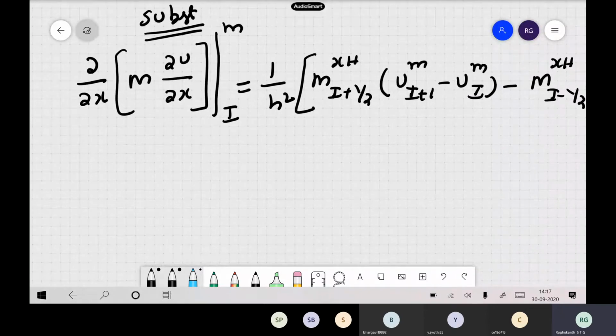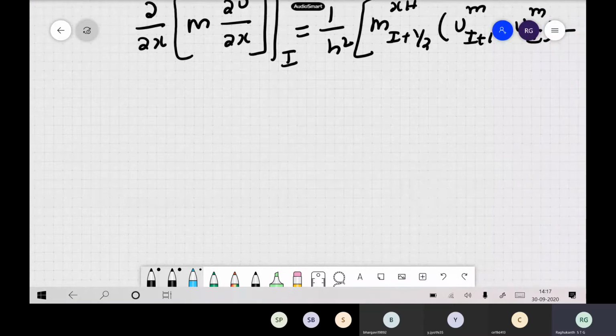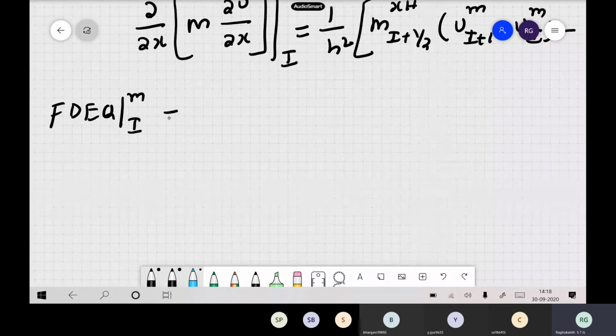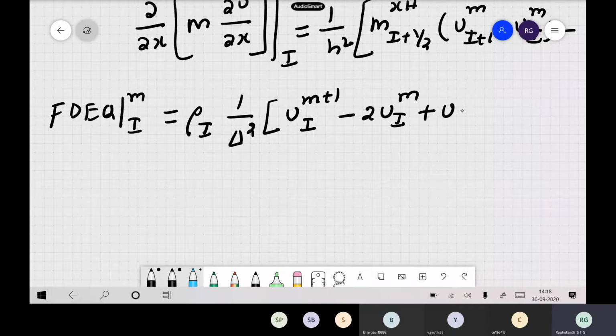So finally, if you sum up everything, dou square u by dou t square and other things, the final difference equation can be written by combining this with rho into dou square u by dou t square. So rho i, 1 by delta t square, u i plus 1 minus 2 u i plus u i minus 1.